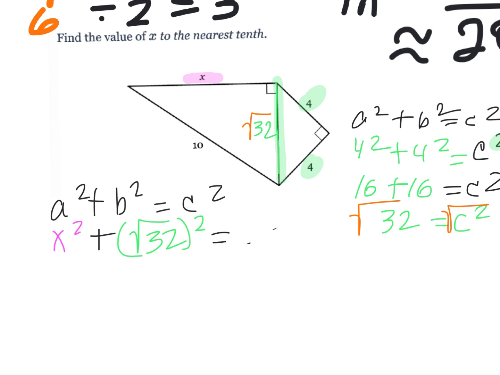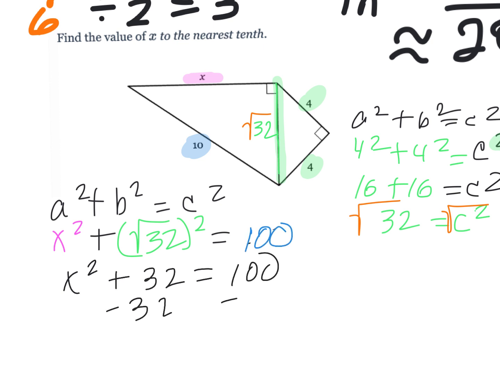And then I need my c, which of course is 10. So we should have our 100 right there. So I've got x squared plus, and again, radical 32 times radical 32 just gets you 32. Subtract 32.